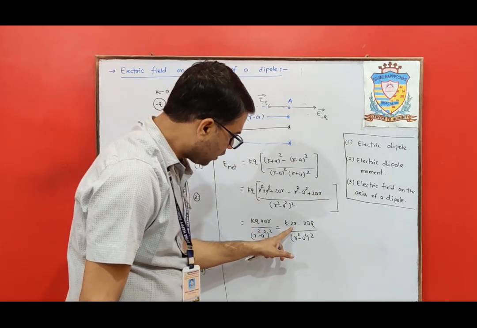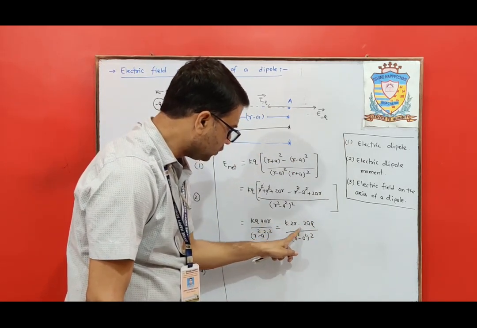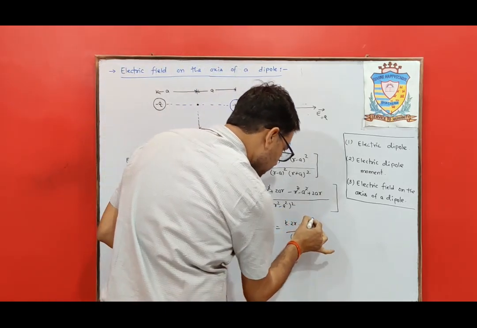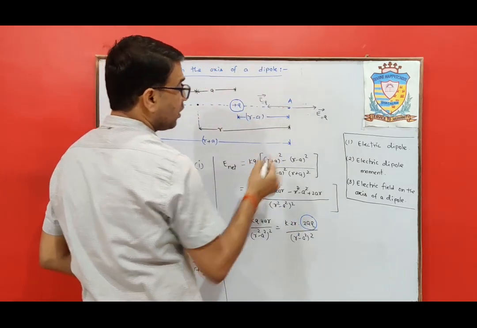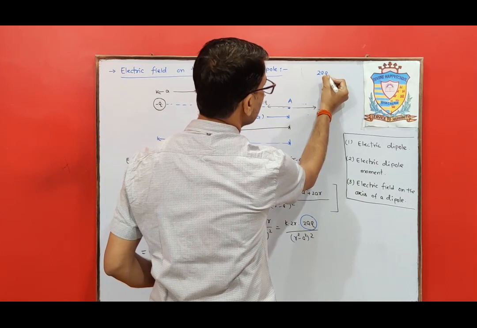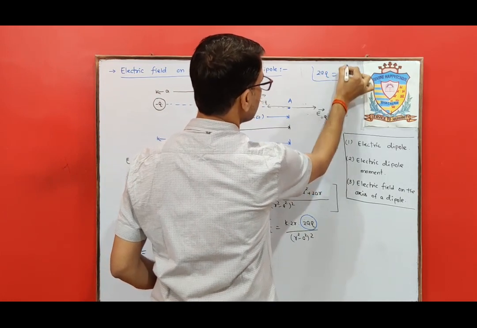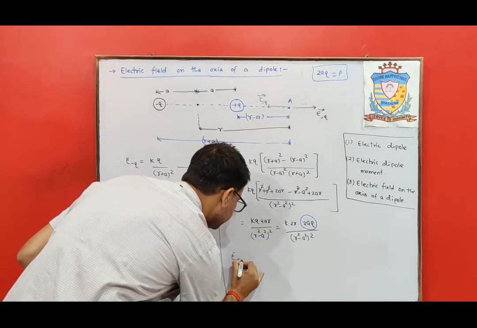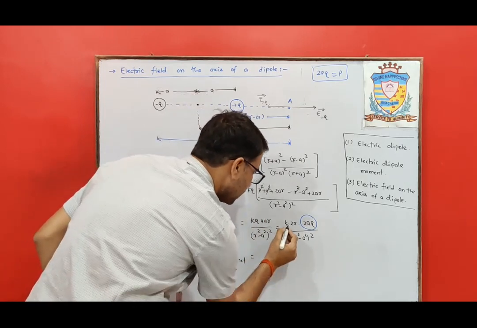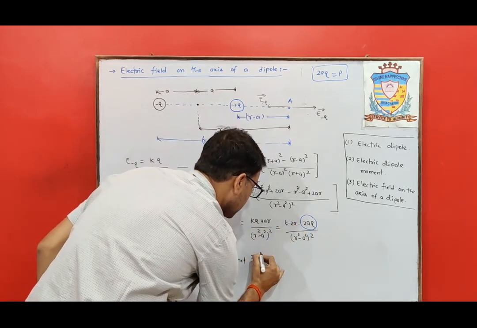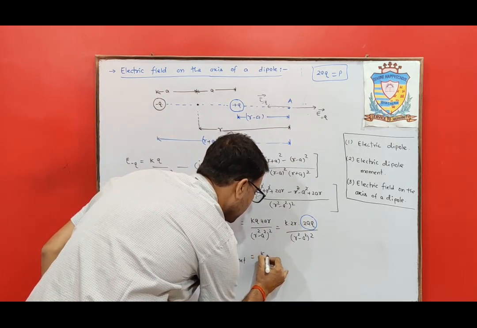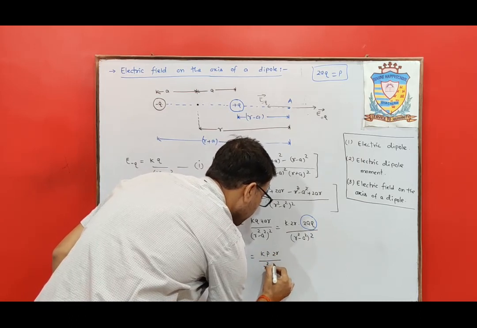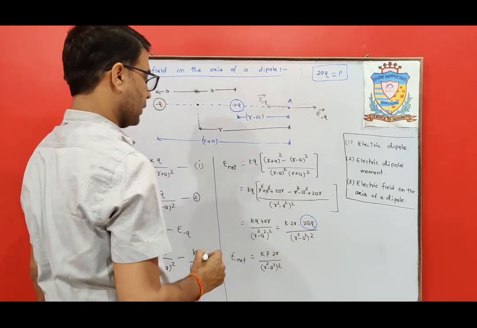Now we'll take 2aq as equal to p, which is the dipole moment. Now E net can be written as k p into 2R upon (R square minus a square) whole square. Clear?